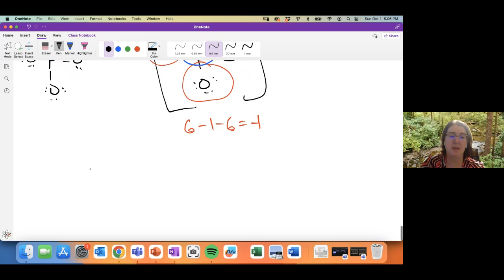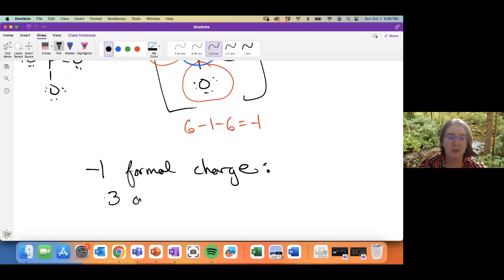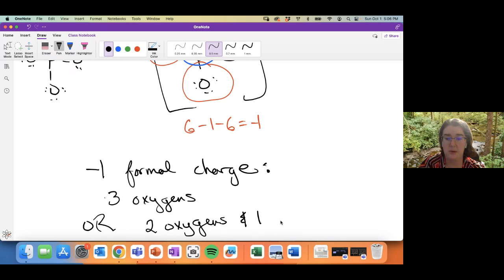So if the question is -1 formal charge, I can either have it on 3 oxygens, or I can have it on 2 oxygens and 1 phosphorus.